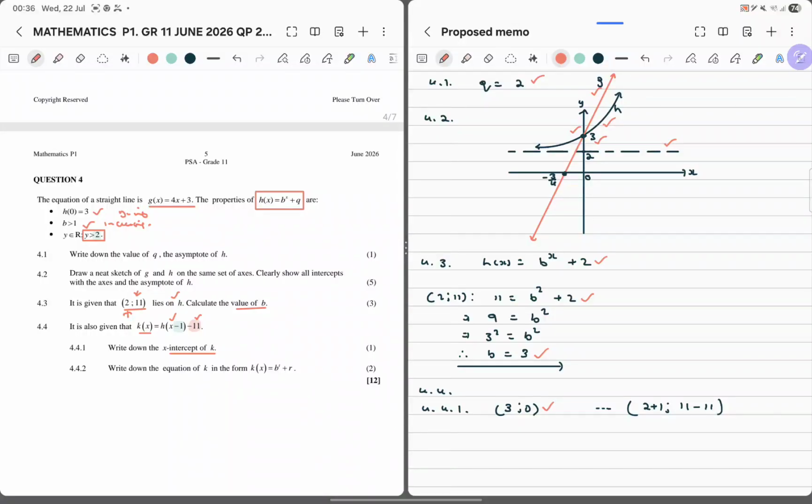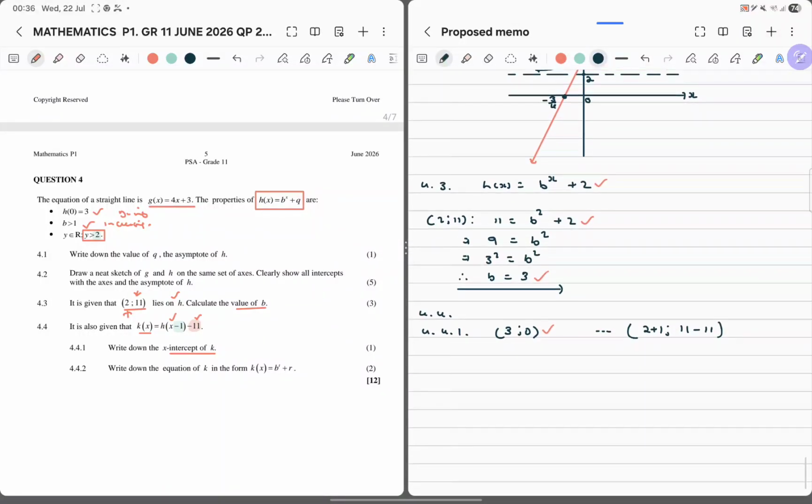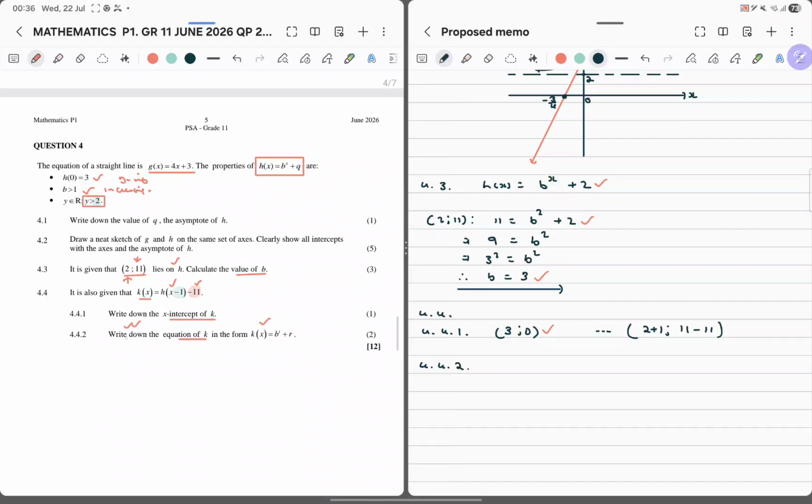Obviously it's just 1 mark, because this should be done by inspection. Alright, so 4.4.2 says, write down the equation of K. Okay, meaning we're going to have to write the equation and have a horizontal asymptote and stuff. And of course the exponents. Alright, okay, we have no issues. We know, folks, that K, of course, once it says write down answer only, let's just do the rough work here.